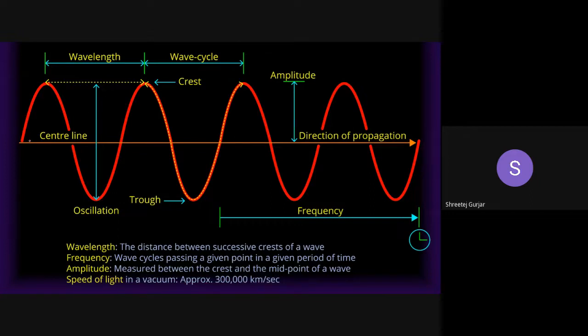It is going from the left to the right. Coming to the crest, the topmost part of the wave is called crest. All these points are crest points, and the bottommost part is called the trough. All these bottom parts are called the trough.